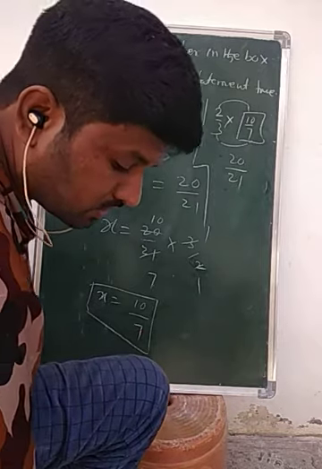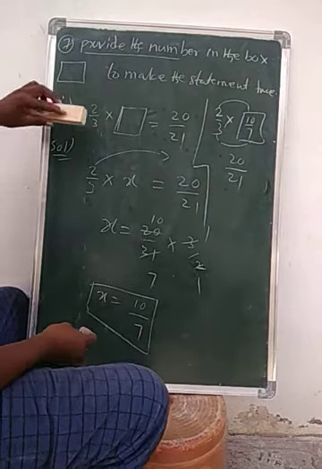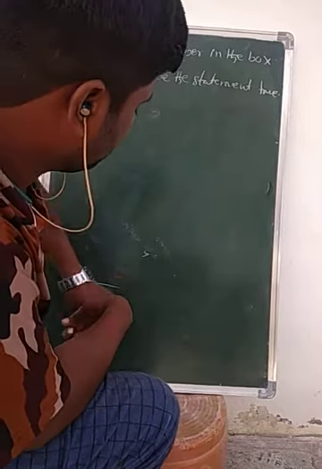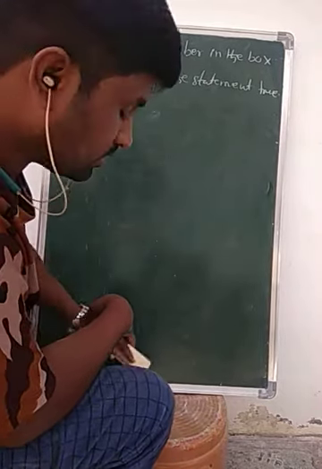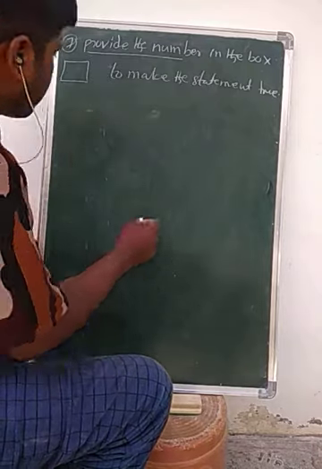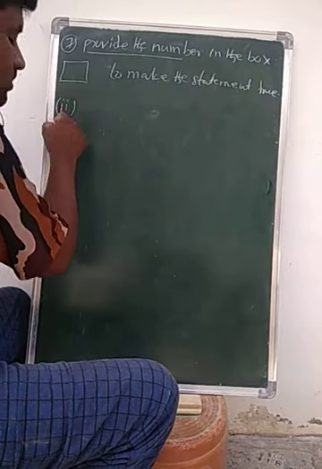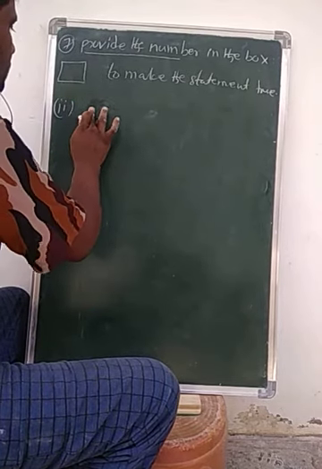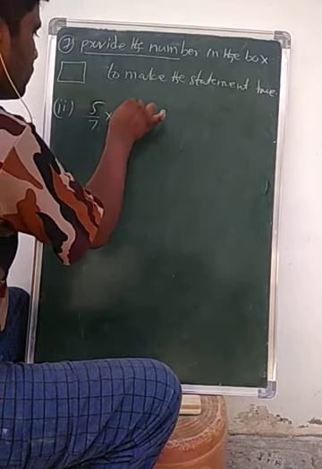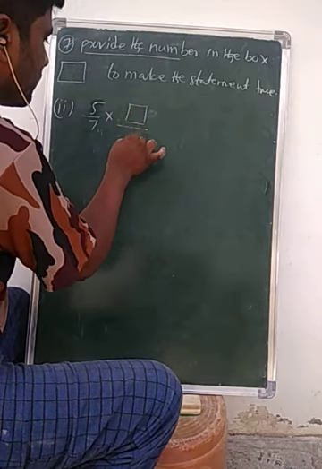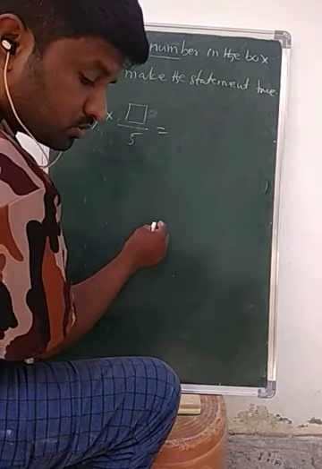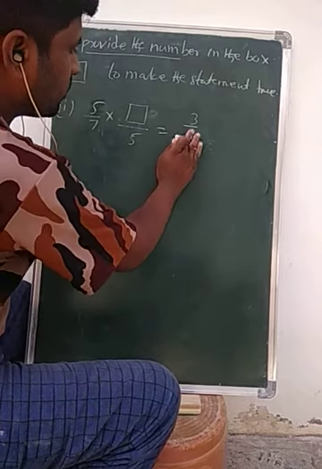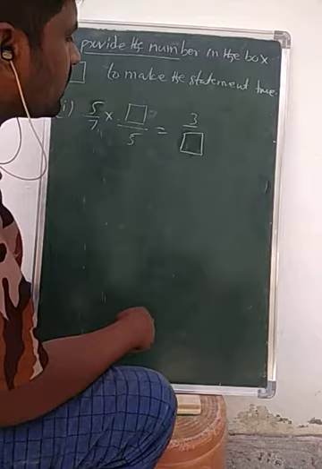Okay, now coming to the next question. The question is given: 5 by 7 into box by 5 is equal to 3 by box.